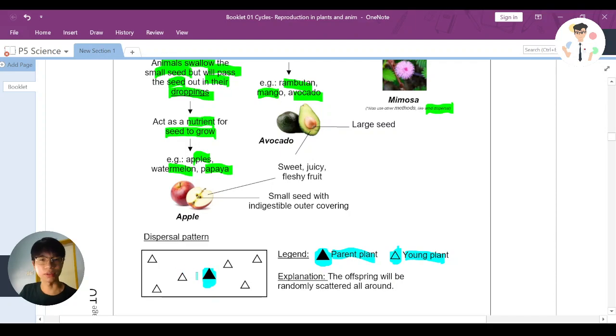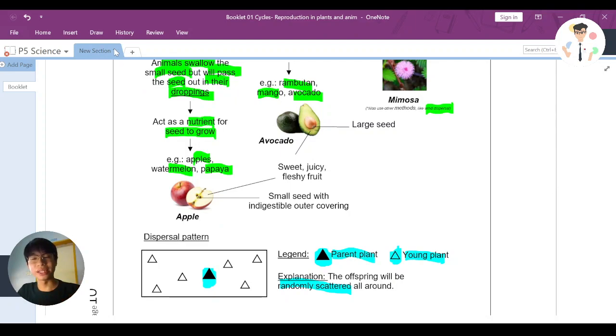You can see that the small plants are randomly scattered. It doesn't have a nice way of scattering. Why? Because we are depending on animals, and we don't know where the animal will go. So it will just randomly scatter. That's why the dispersal pattern for animal dispersal will be kind of random.